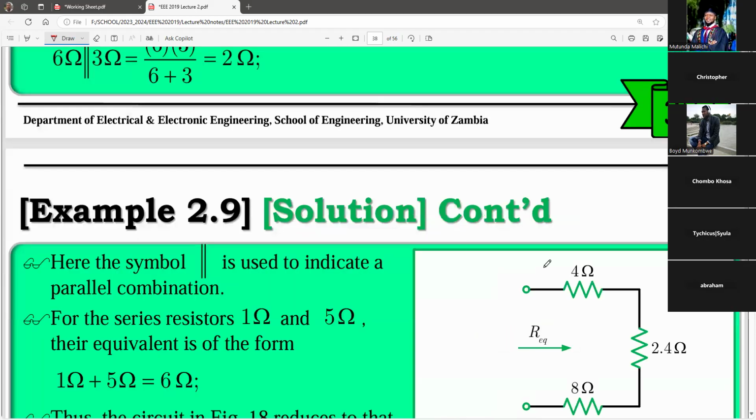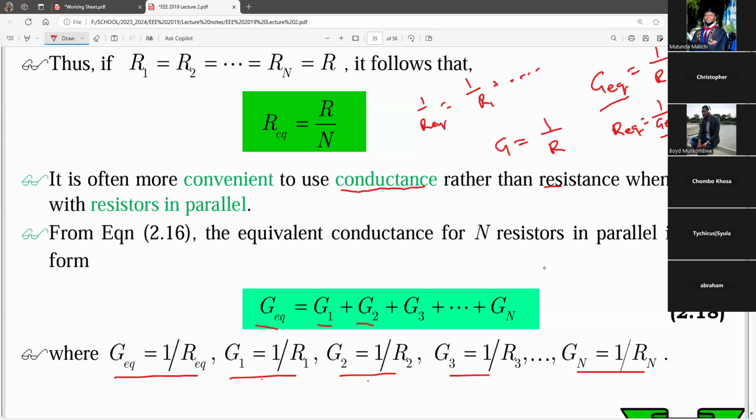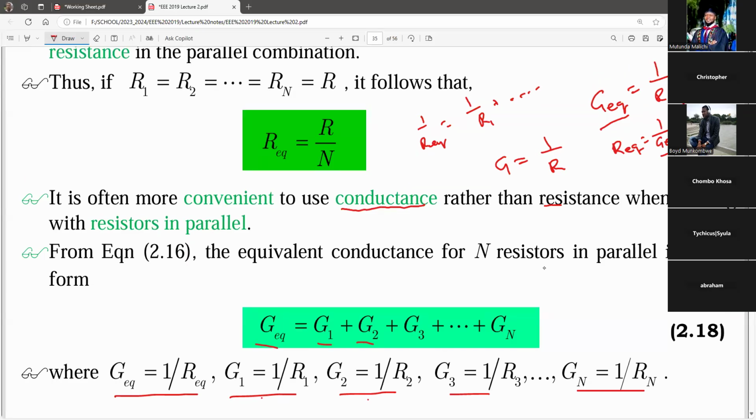In short, it's what we're trying to do here. You have G1, G2, G3. You don't know how many are here, but you know up to this one, Gn. They could be G4, G5, G7, up to G100.